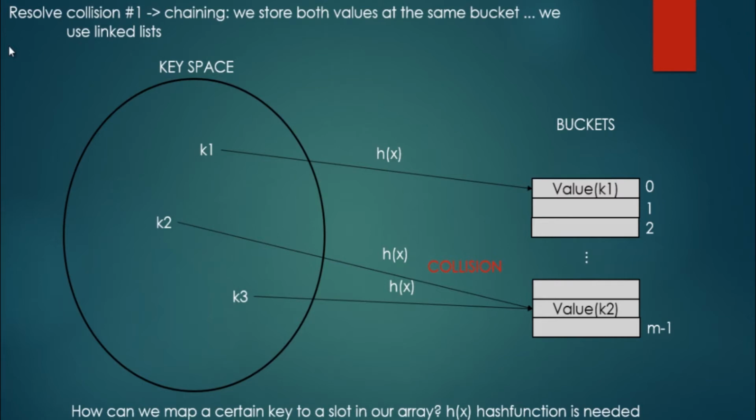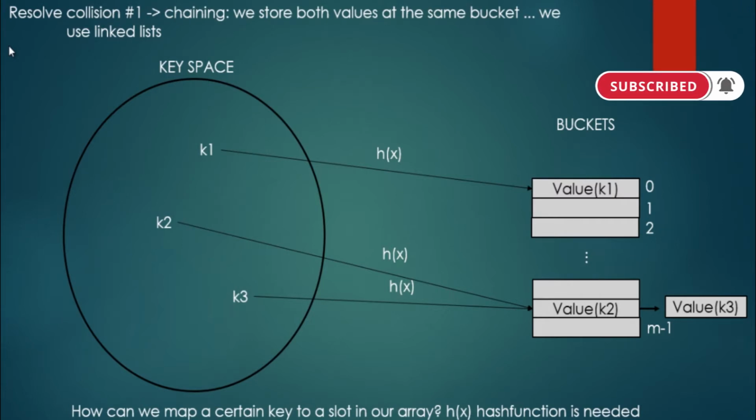We get the m-2 index again, and we try to insert two items into the same bucket. It's not a problem. We solve this with the help of chaining. We store a reference from this array slot pointing to the next value, the value k3.